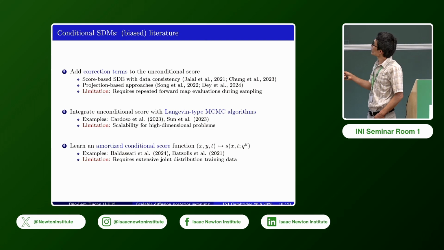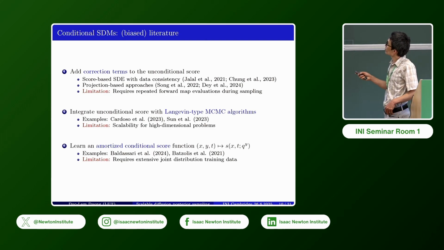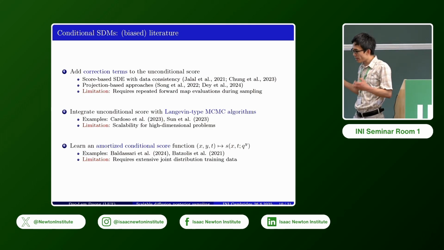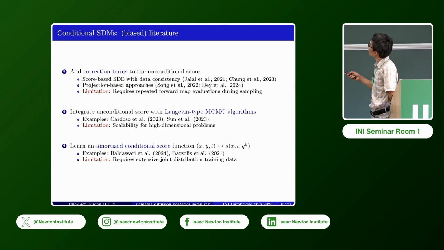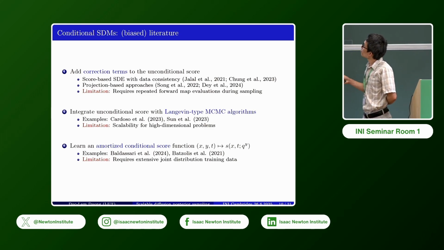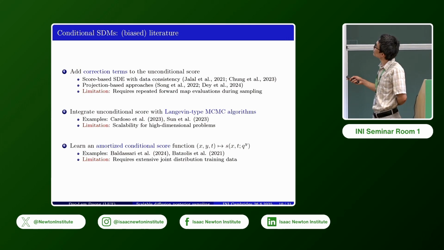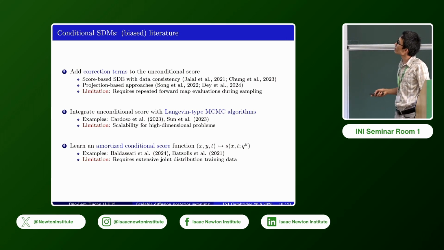The first one uses some correction terms added to the unconditional score, through different ways. For example, the work by Song et al. uses a score-based SDE with some data consistency, or a projection-based approach, and many others follow a similar approach.